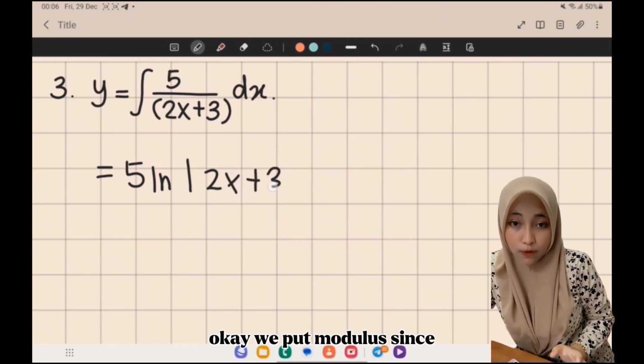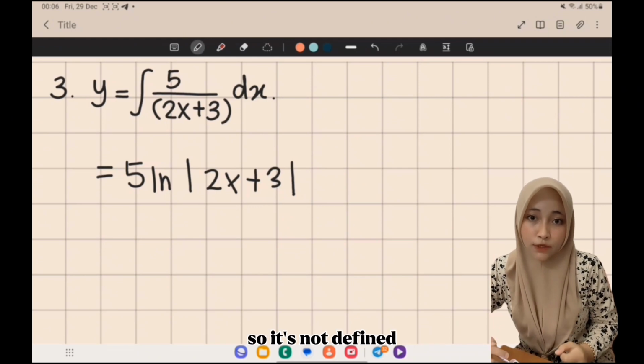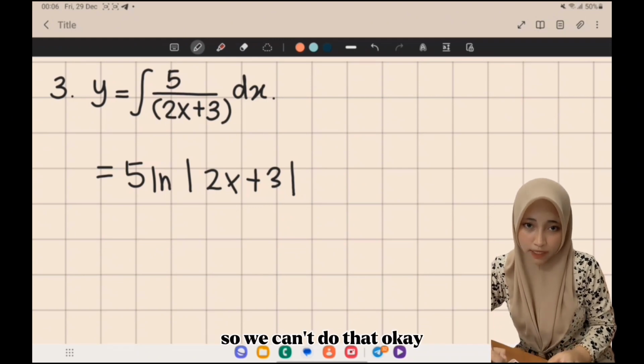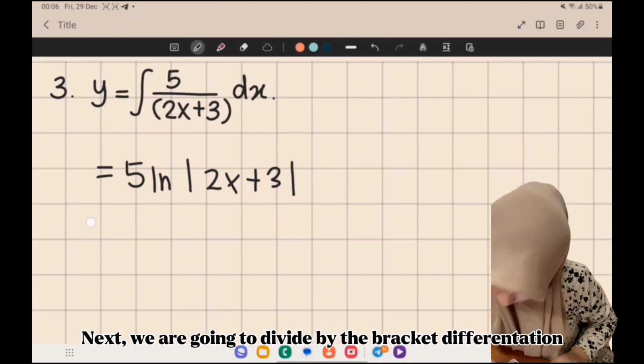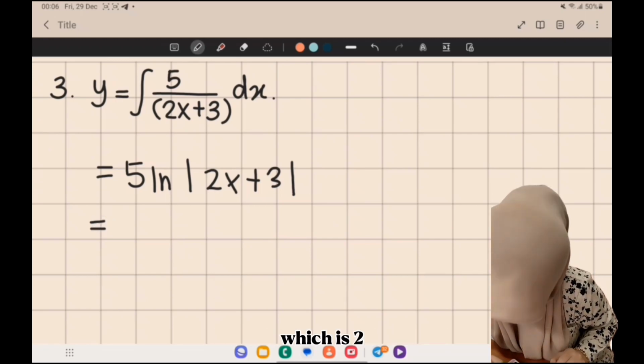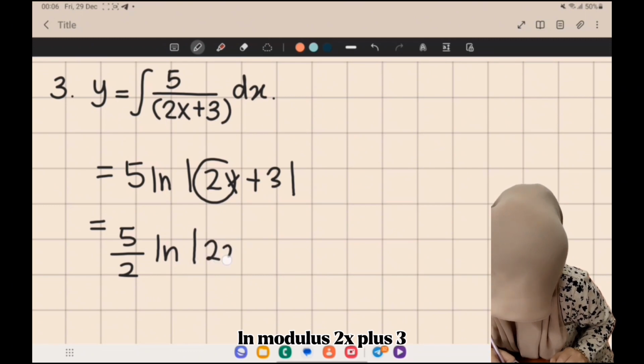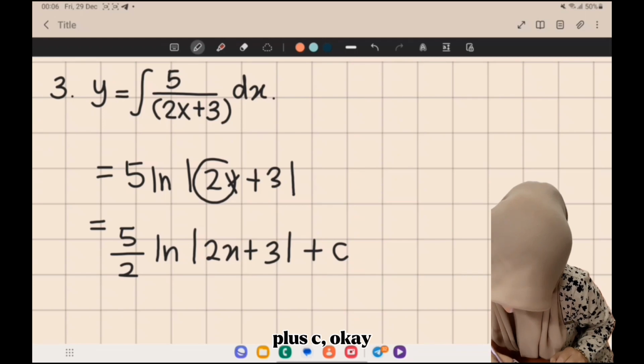We put modulus since we can't put a negative into ln, it's not defined, so we can't do that. Next we are going to divide by the bracket's differentiation, which is 2. In this case, it gives us 5 over 2 ln modulus 2x plus 3 plus c.